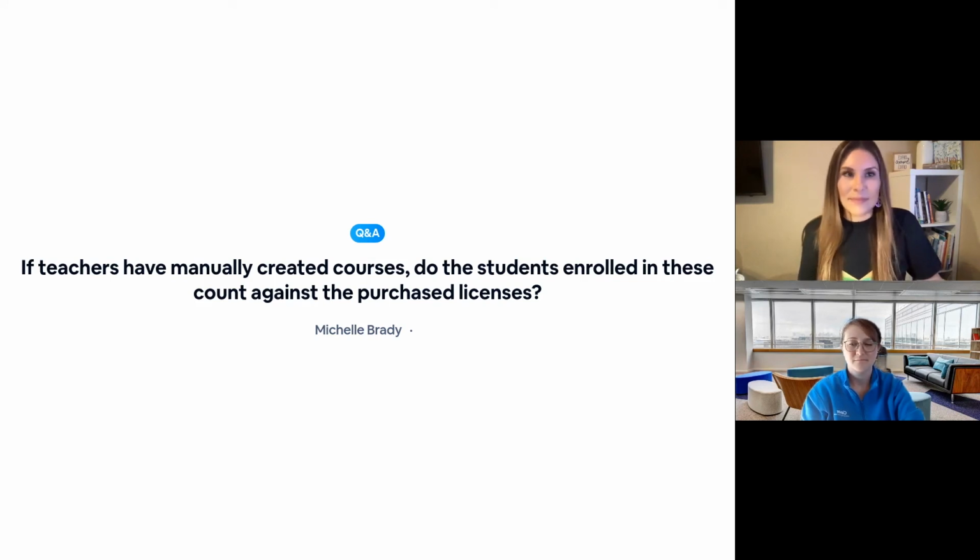So you just have to be careful. The students coming from Clever, their student ID is that SIS ID in Clever. You'll want to make sure that when teachers are manually creating classes, those student accounts have the same ID that is being shared in Clever. So one student account counts as one student license. Awesome. Thank you for that clarification, Jean.